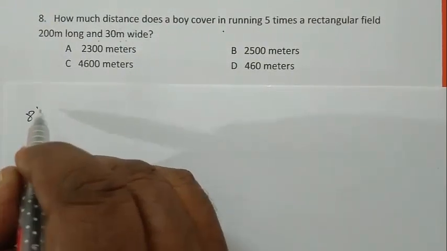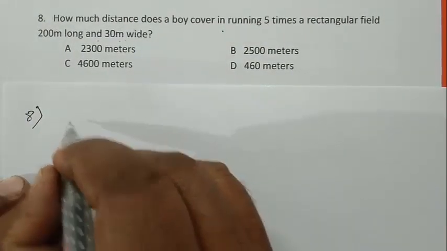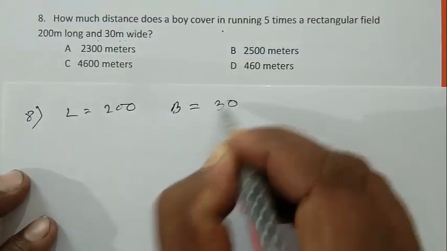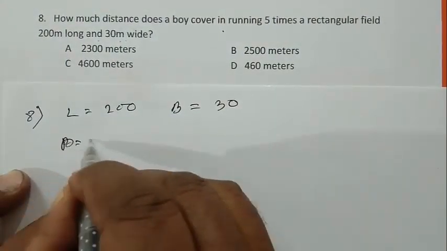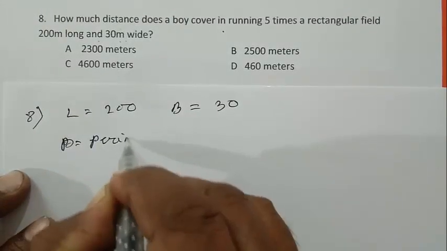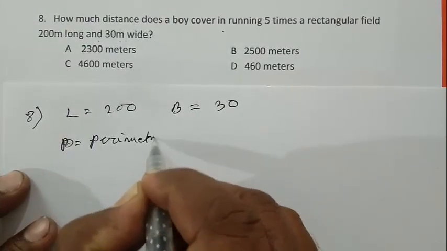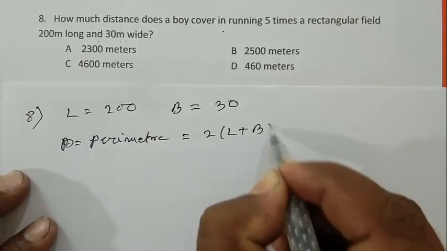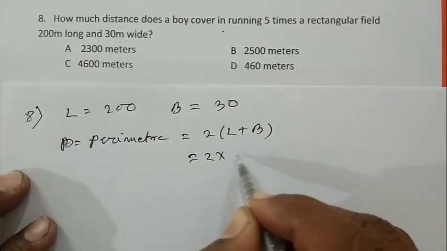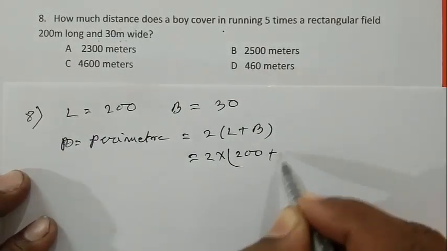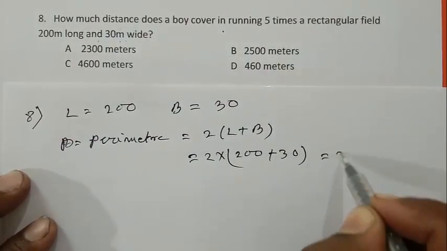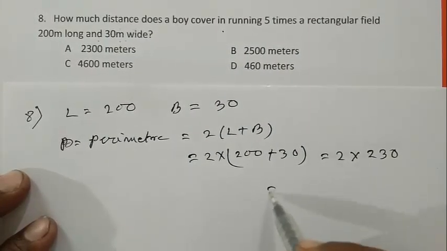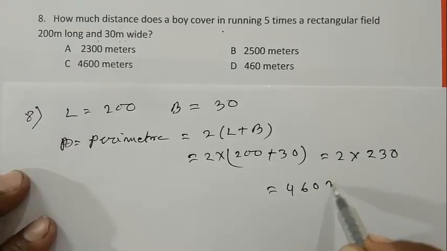Length equal to 200 meter, breadth equal to 30, that is perimeter equal to 2 into length plus breadth, that is 2 into 200 plus 30, that is 2 into 230, that is 460 meter.